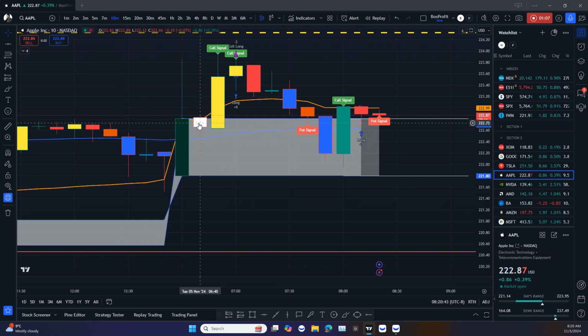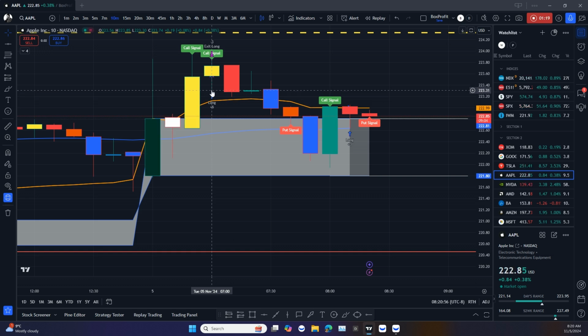The white candle here serves as my entry for a long position, which is my call entry. Of course, the signals can come after that, or plus or minus one from that. The yellow candles are the candles that I trade normally, but we also have a red candle.